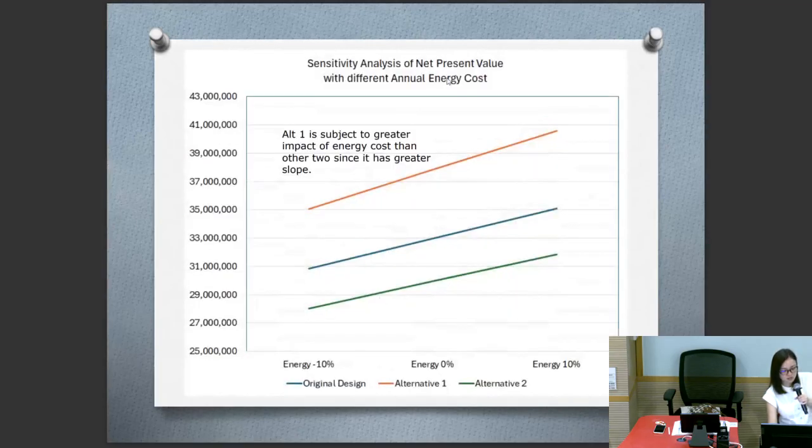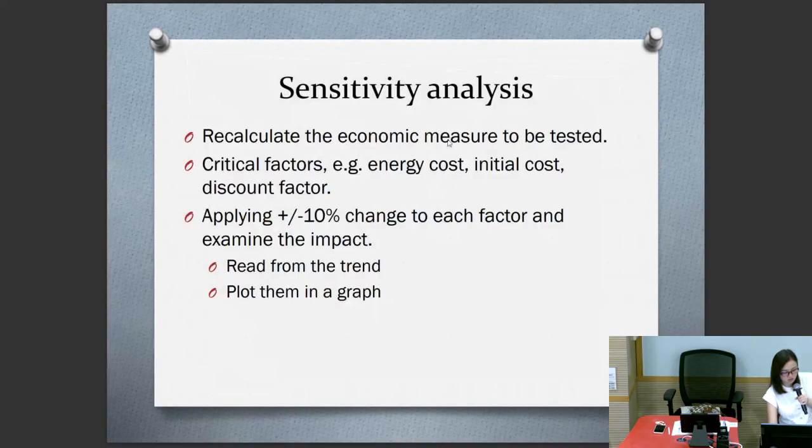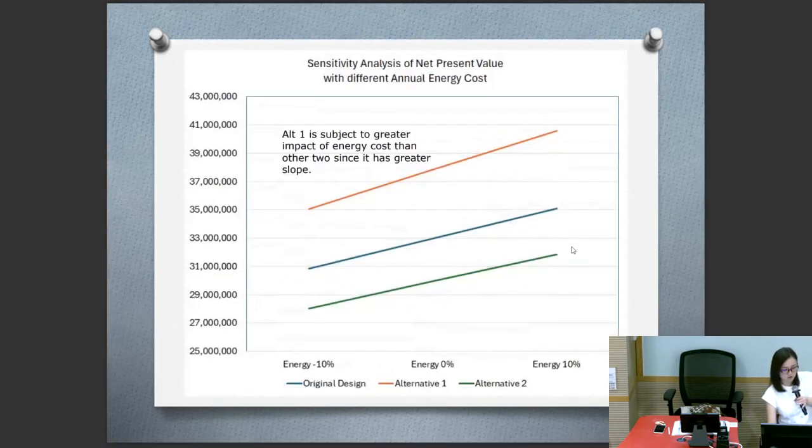Like this example, study the annual energy cost, applying a higher value and a lower value, like higher 10% and lower 10% to the energy cost, and then calculate the net present value and plot them onto a graph like this. So we have the original design, alternative 1 and alternative 2.